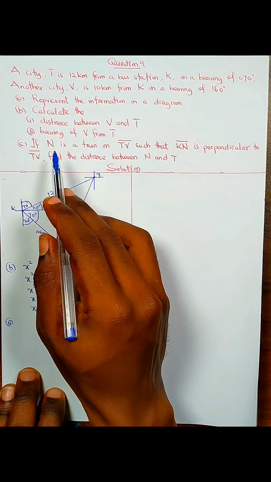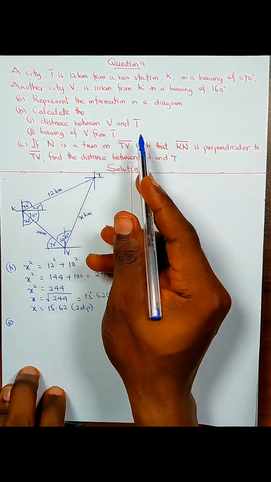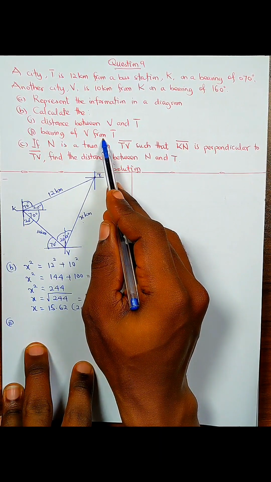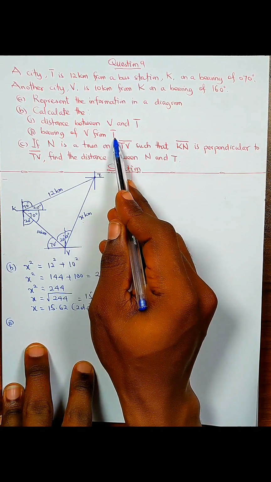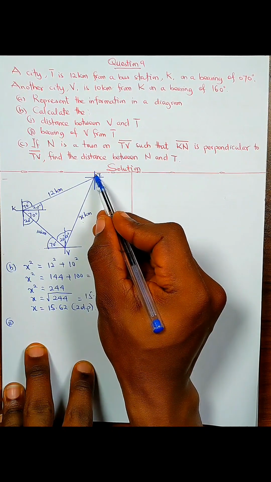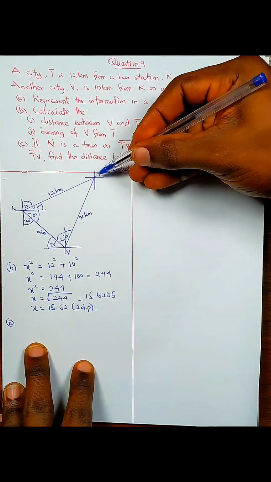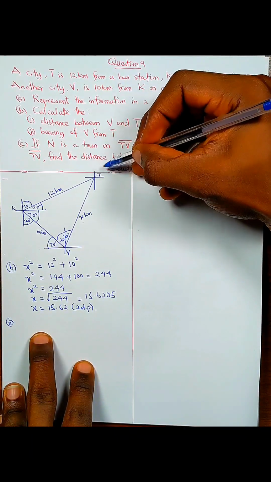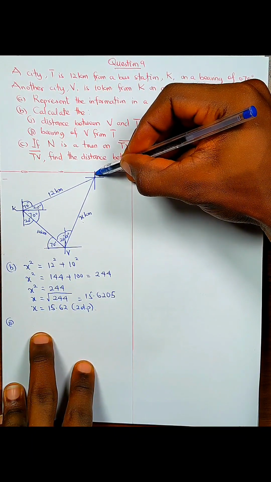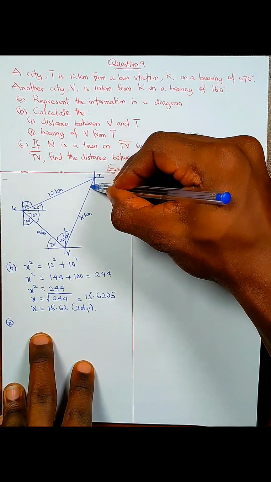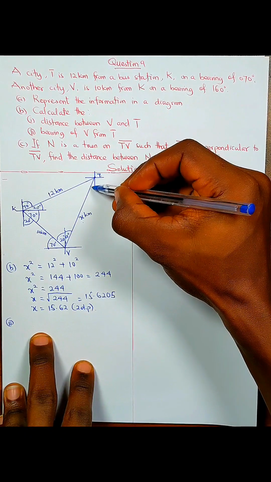It says that the bearing of V from T. I've already told you to take note of the keyword from. So from T means from the north of what? T. And this is the north of T. So it means that we need to find the bearing of V from T. That means the angle measuring from the north of T to the line joining T and V, which is the V line.